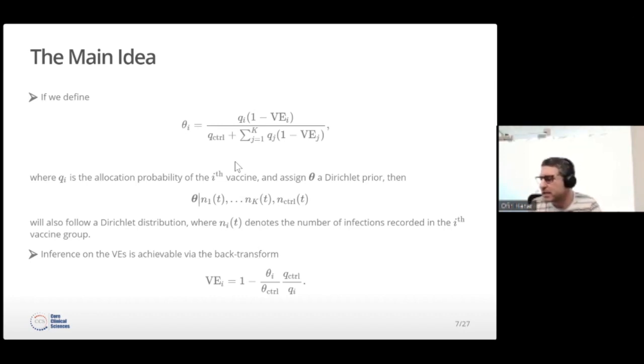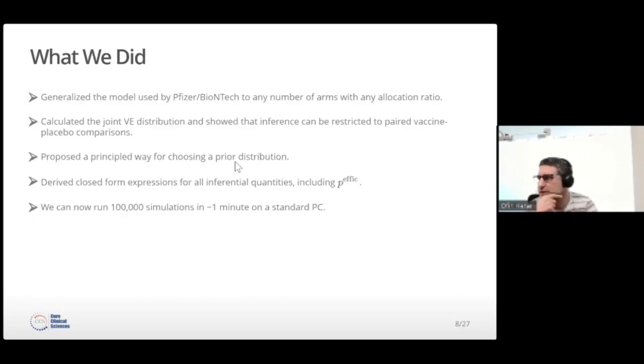And everything will depend on the number of cases observed and the allocation ratio, because what we did here was extend the type of design that was used by Pfizer BioNTech in their COVID vaccine trial, not just to any number of arms, but also to any kind of allocation ratio between the different vaccine groups and the control group.